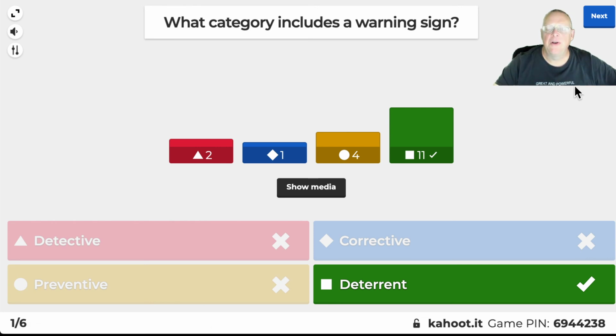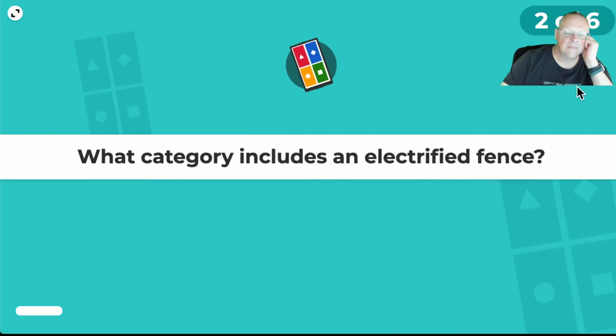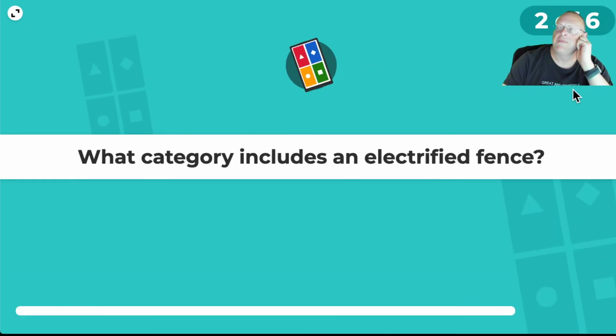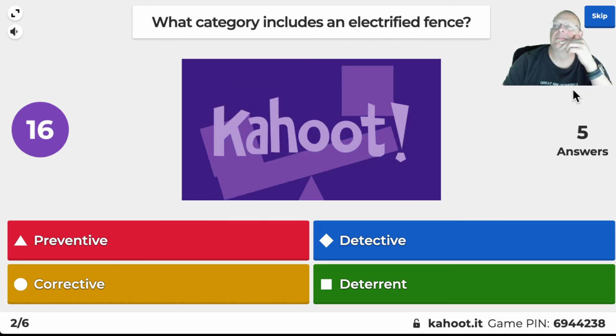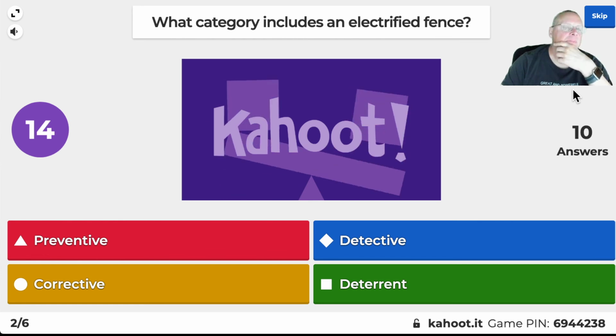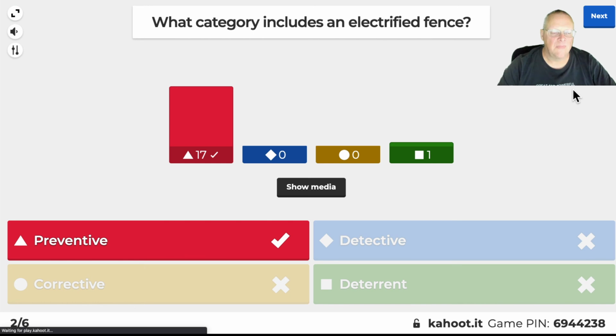It's deterrent. Good. All right. How about an electrified fence? That's preventive. All right.